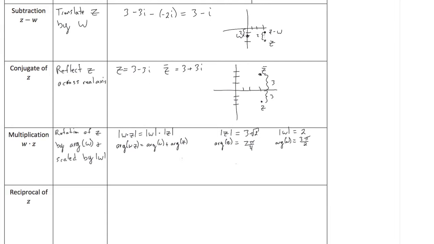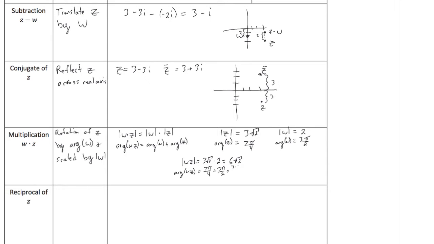Okay. So modulus of WZ equals 3 root 2 times 2. So that will be 6 root 2. And then arg WZ is equal to 7 pi over 4 plus 3 pi over 2.